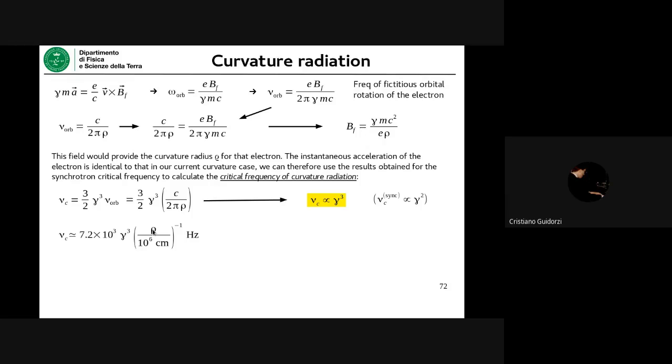It is comparable with the size of a neutron star itself. You probably know that neutron stars have radii of the order of 10 kilometers, so 10 to the 6 centimeters. So the curvature radius is comparable, of the order of that.